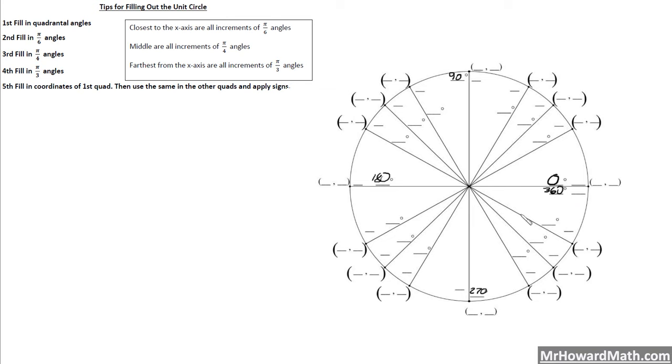Alright, so now we're going to fill in the radian equivalent. So 0 radians here. Let's go around to one we know, 180 degrees, same thing as pi radians. So this would be pi over 2. I'm going to use that line as my division there. So this is 1 pi over 2, and over here 2 pi over 2.